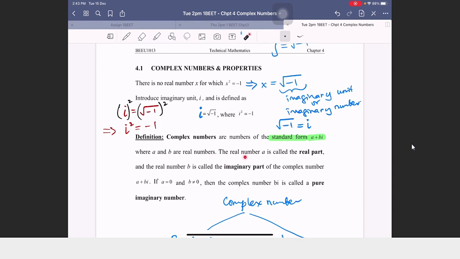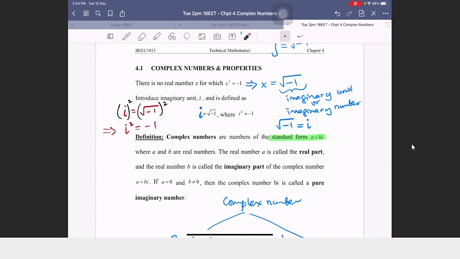The real number a is called the real part. The real number b is called the imaginary part of the complex number a + bi. If a equals 0 and b is not equal to 0, then the complex number bi is called a pure imaginary number.